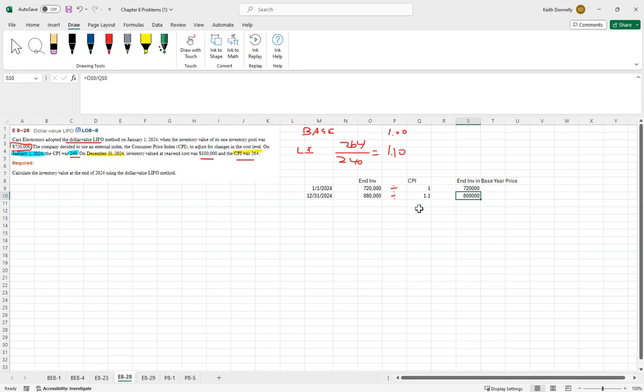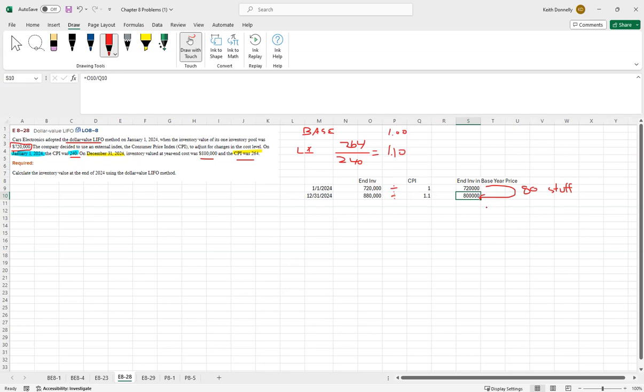One of the things you can see is that when we look at it, oh, it's gone up. Once we get that inflation out, really it's 80,000 more stuff, i.e. not inflation related. It's just more inventory we have.